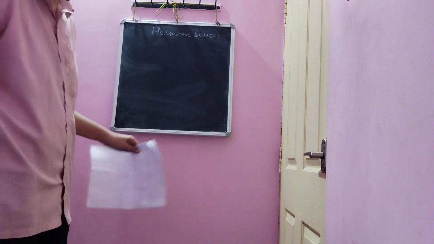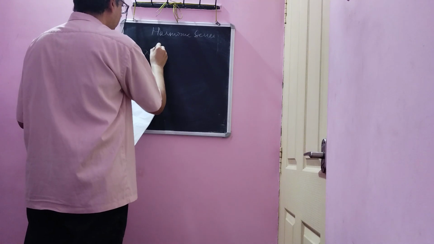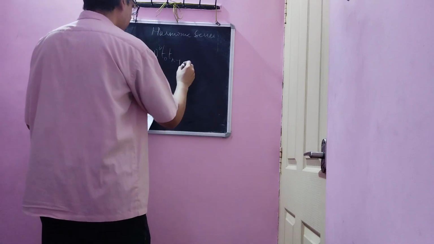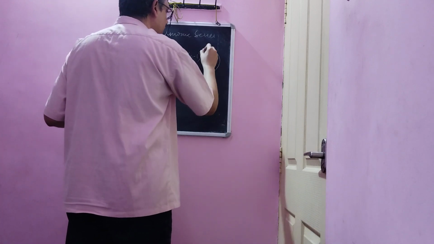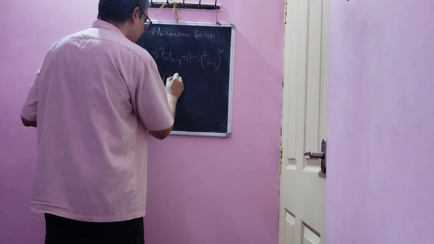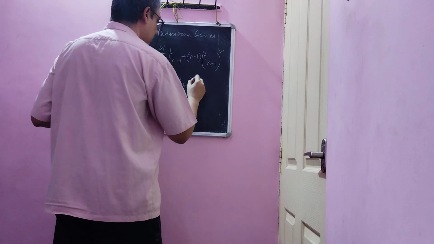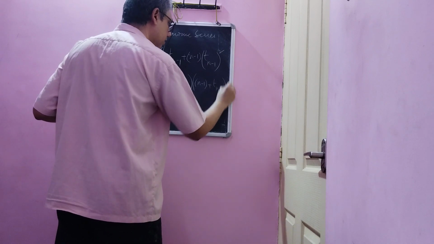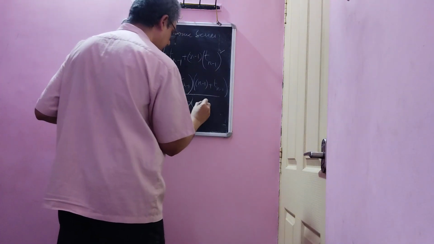So this gives us Sn is equal to (n minus 1) square T0 Tn minus 1 plus (n minus 1) times Tn minus 1 square minus (T0 minus Tn minus 1) times (n minus 1 plus Tn minus 1) whole divided by d.